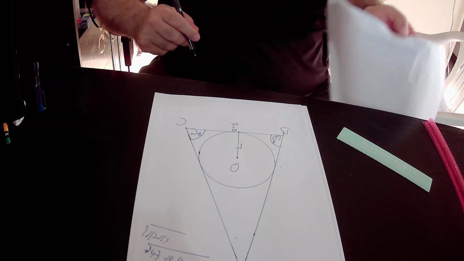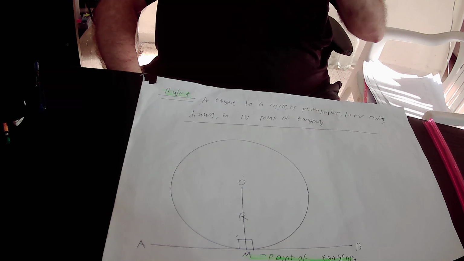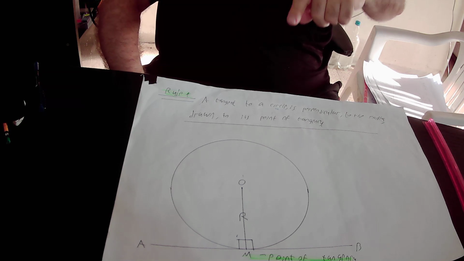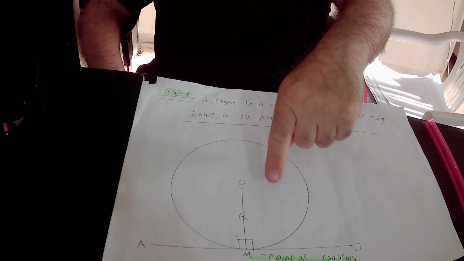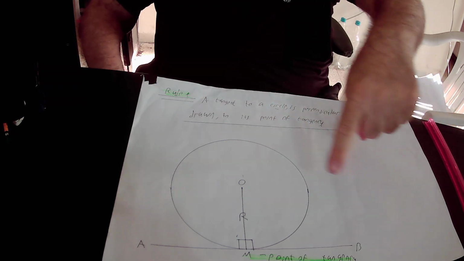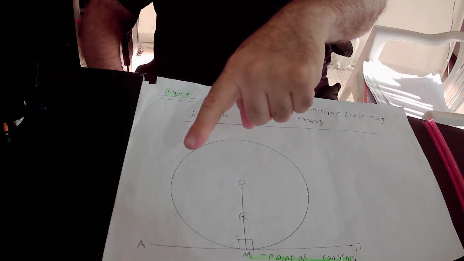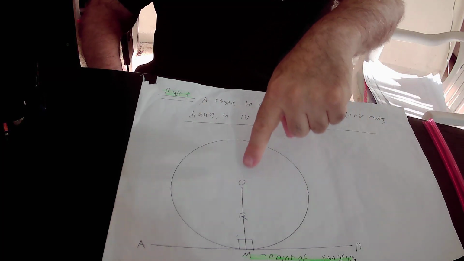Okay, here we have, according to rule number 1, a tangent to a circle is perpendicular to the radius drawn to its point of tangency. Here the radius OM is drawn to point M, that is the point of tangency of tangent AB with this circle. Therefore, according to rule number 1, tangent AB will be perpendicular to the radius MO.